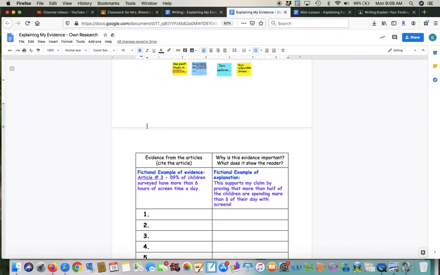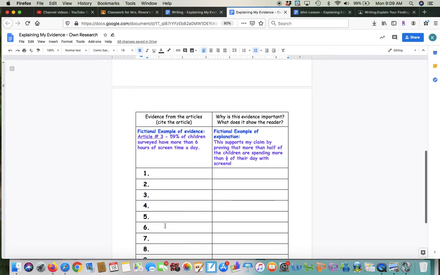Then you're going to copy and paste some of the important quotes from each article, but you have to tell what article it's from. For example, somebody got this from their article number 3, and they wrote article number 3, and then their quote was, "59% of children surveyed have more than 6 hours of screen time a day." And then they explained it.